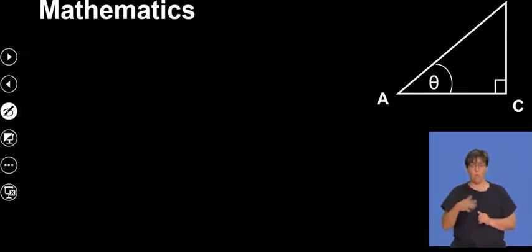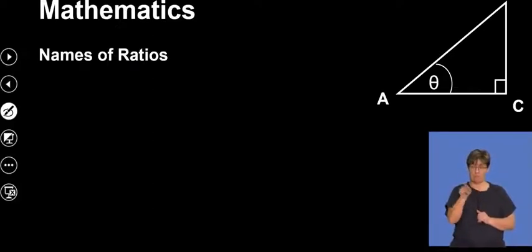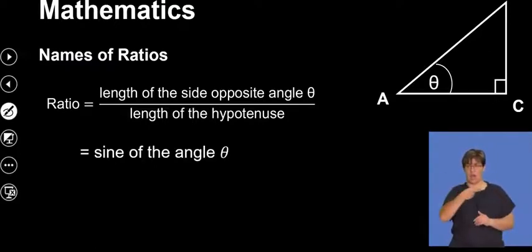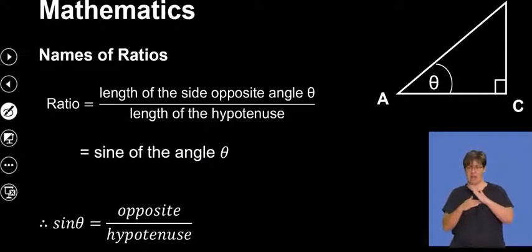Now, if I want to name these ratios, remember the definition of a ratio will be the length of the side opposite angle theta divided by the length of the hypotenuse. And this ratio becomes what we call the sine of the angle theta. In simple terms, sine theta is equal to opposite over hypotenuse.